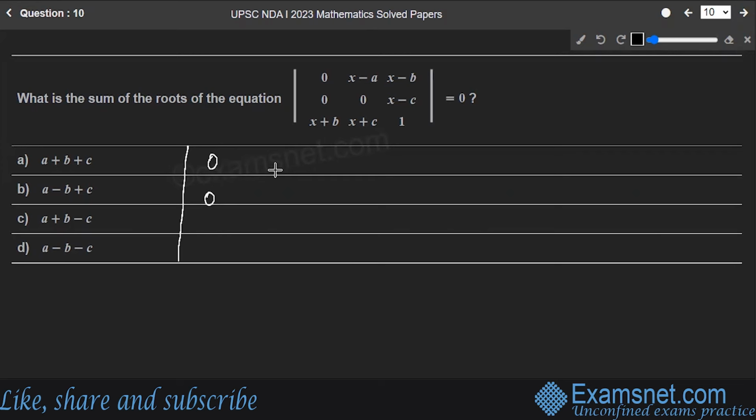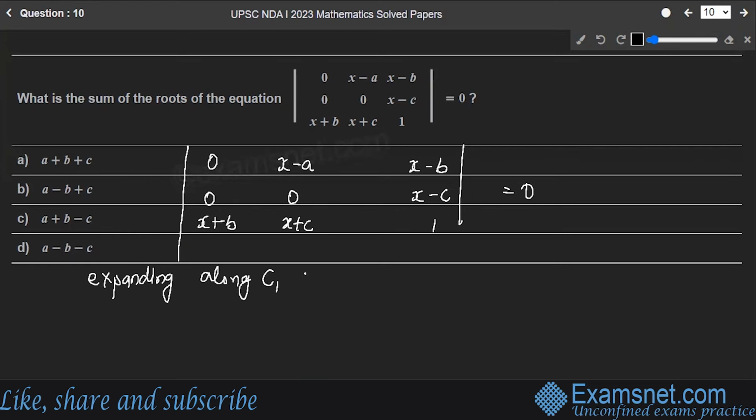0, 0, x minus a, x minus b, 0, x plus b, x plus c, x minus c, 1. This is equal to 0. So now expanding along the first column, we get, see, this is 0 and this is whole 0.